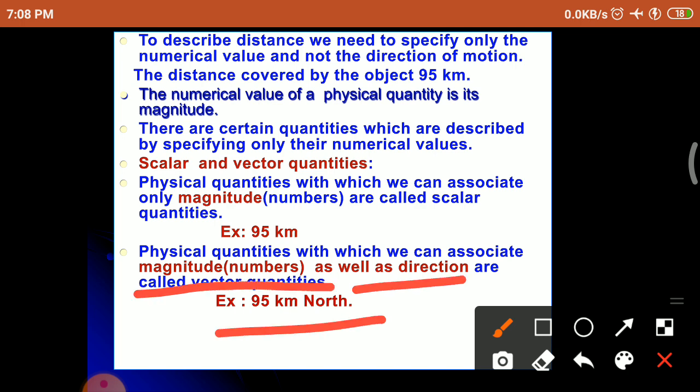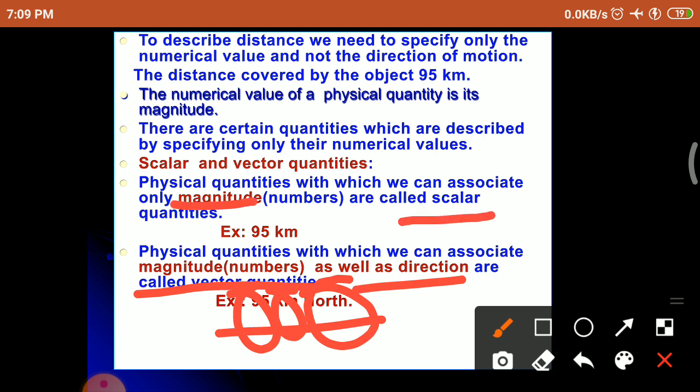See here, 95 kilometers north. Here 95 is the magnitude, kilometer is the unit, and north is the direction. If a physical quantity contains only magnitude, it is called a scalar quantity. If along with the magnitude it contains a direction, it is a vector quantity.